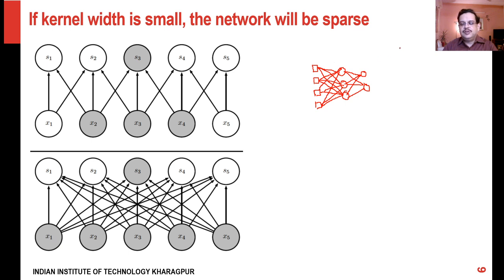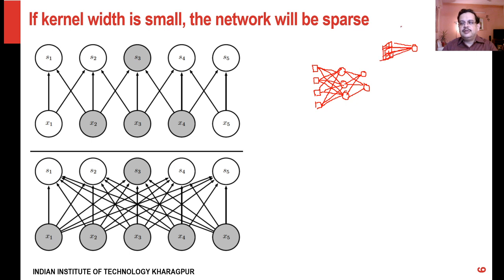Whereas, as we saw just now, when we are computing the convolution, let's go back to the image that we were looking at. If I take, say, this 3 by 3, then this 3 by 3 is feeding into 1. So this node has connections to this 3 by 3.